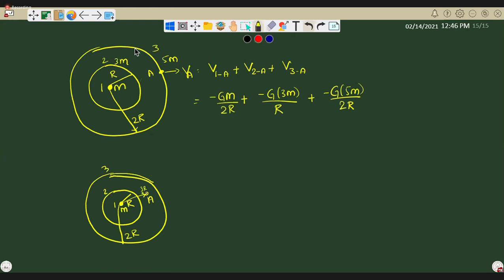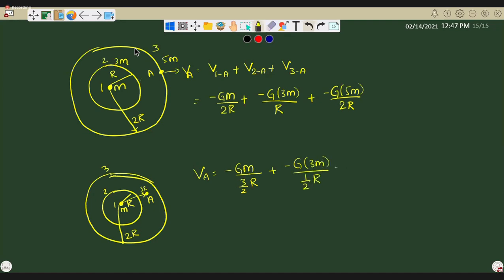Now what is the potential at A? So potential of 1 at A plus potential... Now this remains the same. Tell the second step. Minus GM by 3 by 2R. Good. Minus 3M divided by 2R.